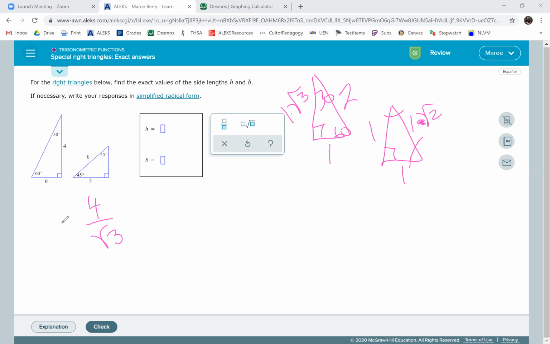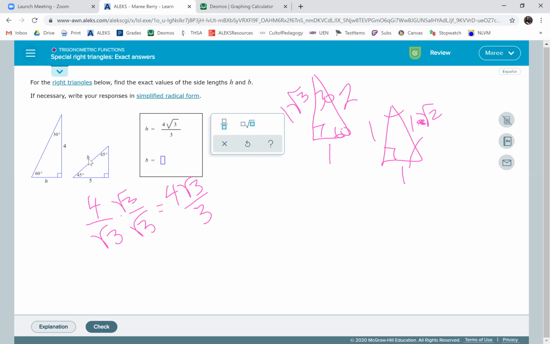Alex will let you keep it that way, so you could just type in h is 4 divided by square root of 3, but I like to take the square root out of the bottom. That means rationalizing the denominator. So 4 square root of 3 over 3 is a more correct answer, so that's the one I would write here.